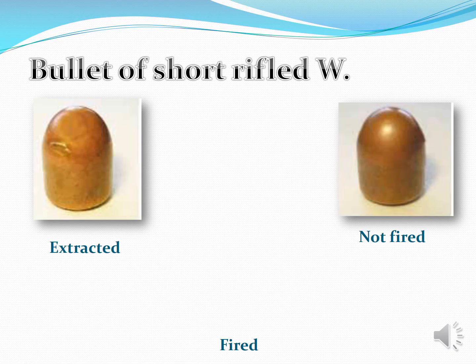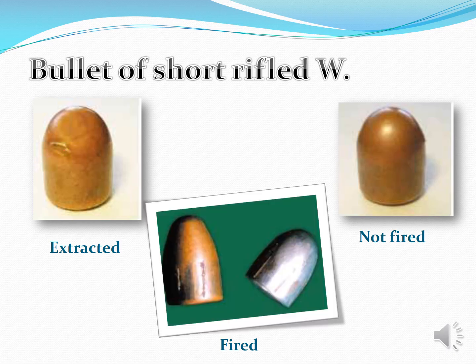But there is an extraction mark on it. This is the extraction mark. Okay, what about this image? Is it fired or not? It is fired because there is firing marks.